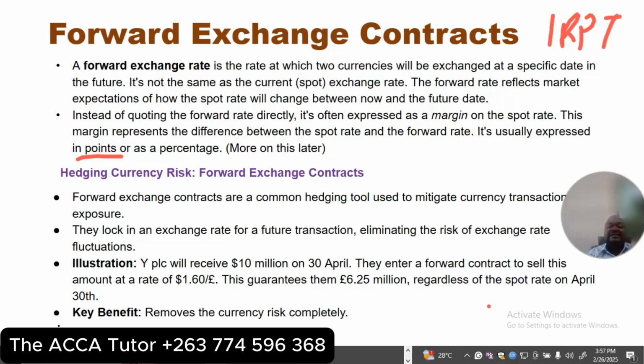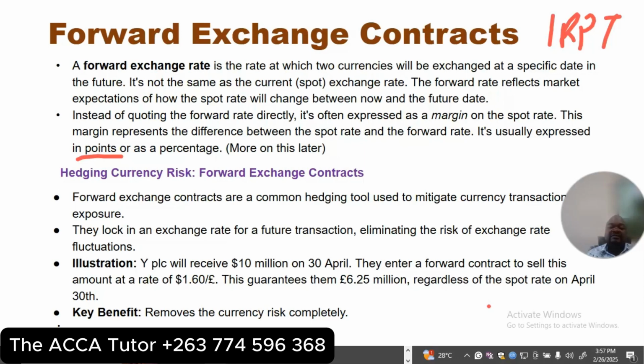So let's look at this illustration. YPLC will receive 10 million on 3rd April, which is a future date. They enter a forward contract to sell this amount at the rate of $60 per pound. Right?